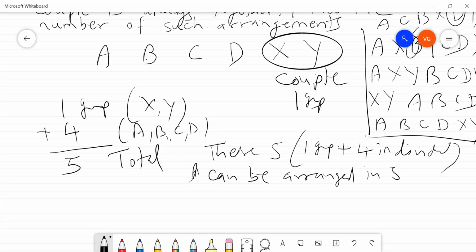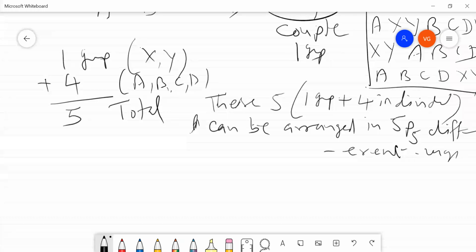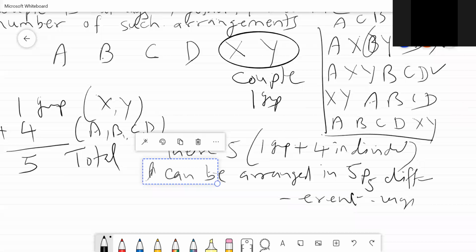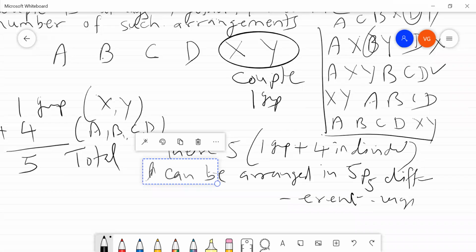In 5p5 different ways. Okay, ओके तो हमने क्या किया, जिनको हमें साथ में रखना है उनको एक ग्रुप में डाल दिया, तो ये ग्रुप और द रिमेनिंग 4 मतलब टोटल 5 लोगों को हम अरेंज करेंगे एंड दैट कैन बी डन इन 5p5 different ways.